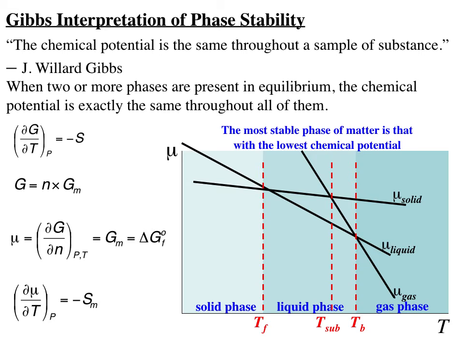There's a liquid vapor crossing point, there's a solid liquid crossing point, and actually, if I extrapolate them back far enough, I can find the solid gas crossing point. Now, what I would learn is that those points where they cross means that those phases are in equilibrium at that point.